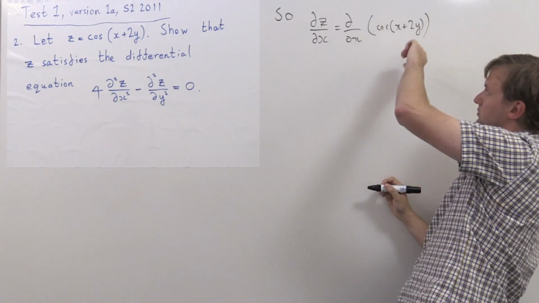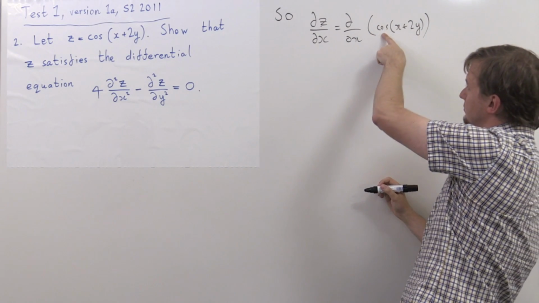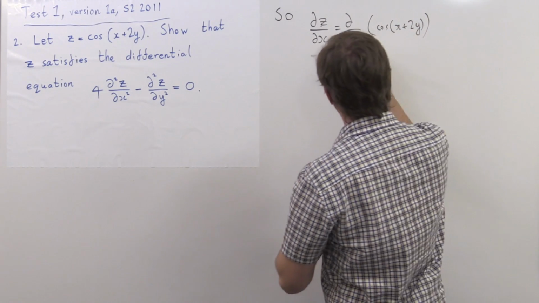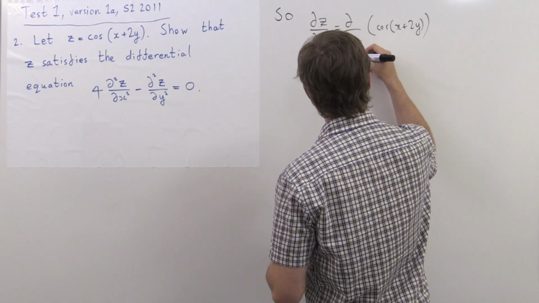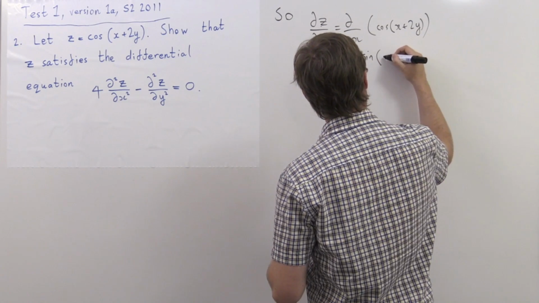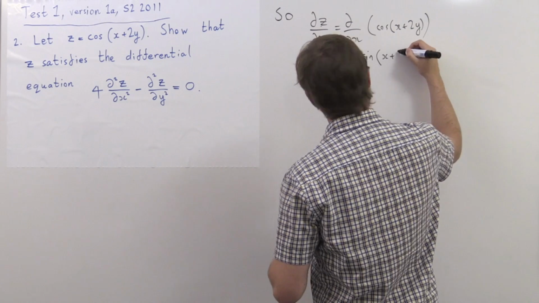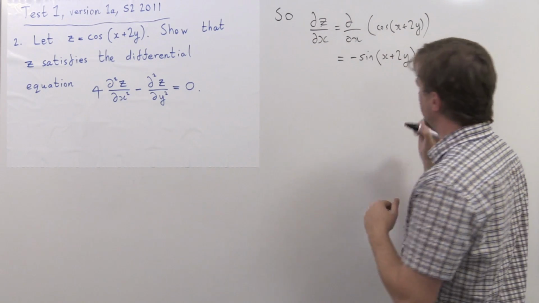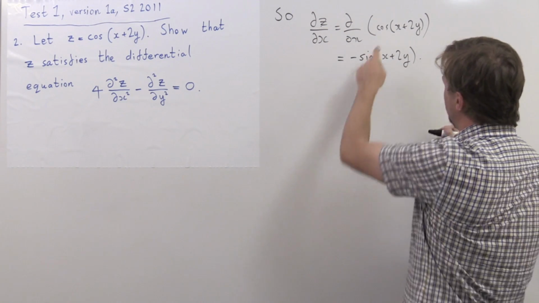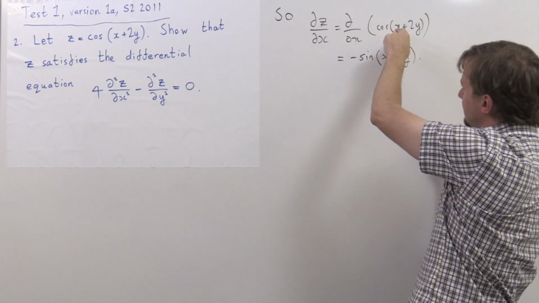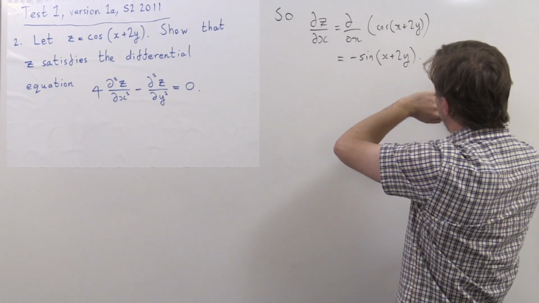And the chain rule tells me that this is the derivative of cos times the derivative of the inside. Cos goes to minus sine, so it's minus sine of x plus 2y. And I'm going to multiply that by the derivative of the inside with respect to x, and that's just a 1.